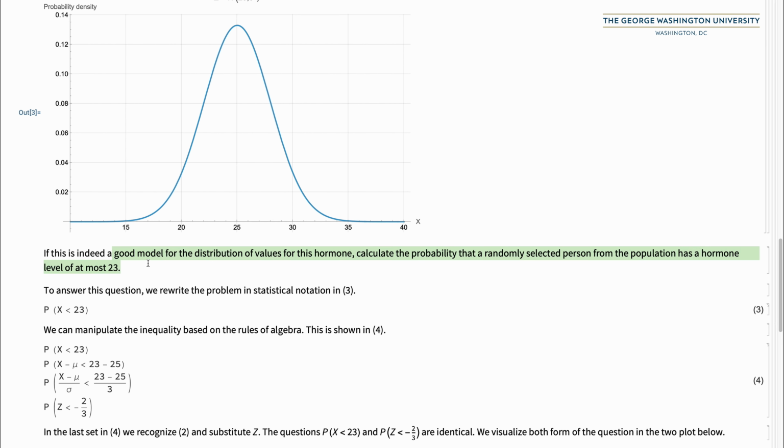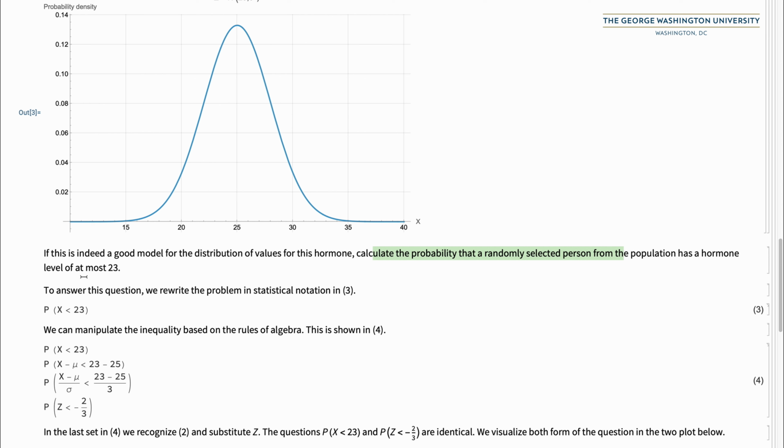So if this is indeed a good model for the distribution of the values of this hormone, they want to calculate the probability that a randomly selected person from the population has a hormone level at most 23. So you can state this in various ways. You can say, well, what proportion of the population will have a hormone level of 23 or less?